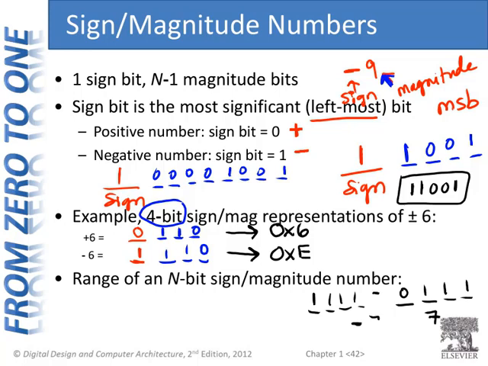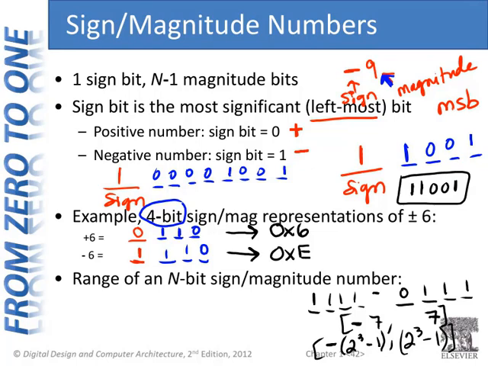We can go from -7 to 7 for 4 bits. So -7 is -(2 to the 3 minus 1). The most positive value is 2 to the 3 minus 1, or 8 minus 1.